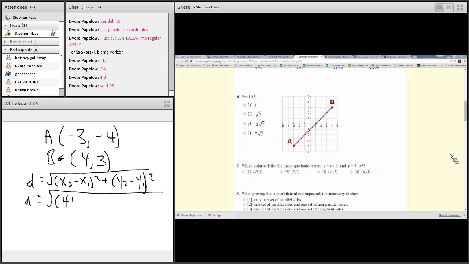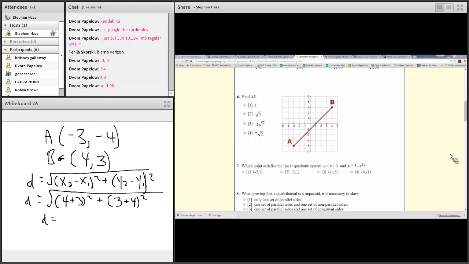So we'll call that plus 3 squared, plus our second y is 3, minus negative 4, which is plus 4 squared as well. So either way, you've got 7 squared, so d equals the square root of 49 plus 49, which is 98.